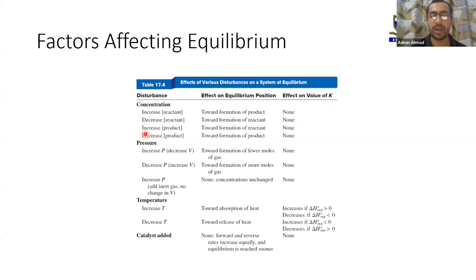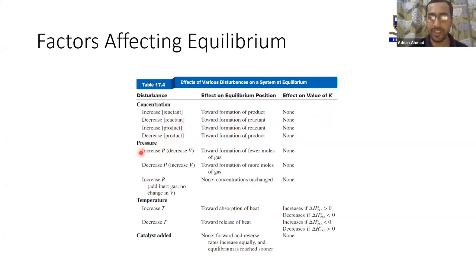If we increase the product, the reaction will move toward the formation of the reactant. So more reactant will form and the value of K will remain the same. And if we decrease the product, the reaction shifts toward formation of product, with no effect on the equilibrium constant. Why? Because the reaction will readjust itself and the change will be nullified.